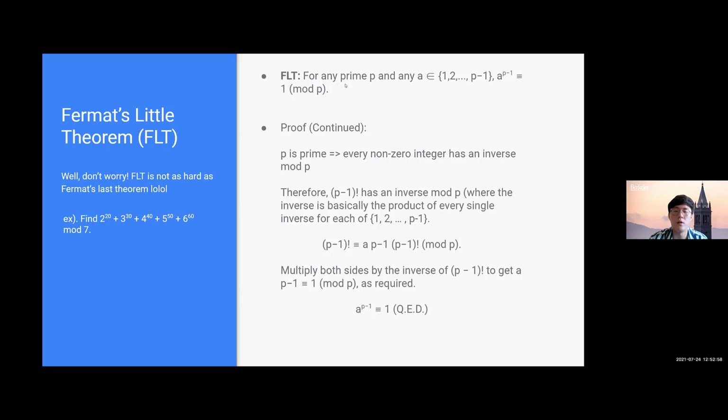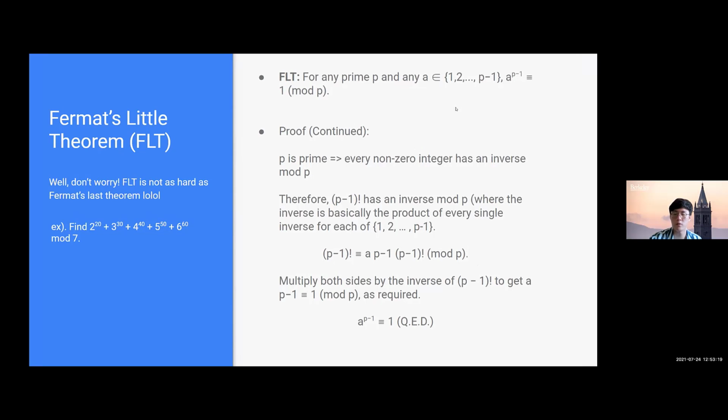The hint is this prime P, and FLT always holds for any prime P. Here P is basically 7 and the number A is basically 2, 3, 4, 5, 6 each. If anybody has ideas, just feel free to send me a message or speak up. I'll just wait for around 1 to 2 minutes.